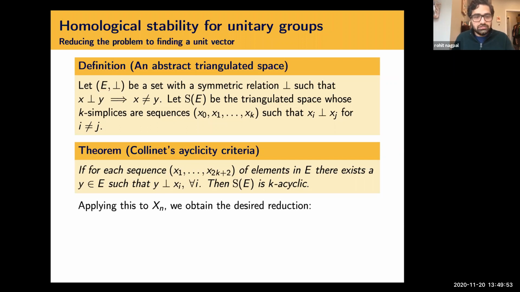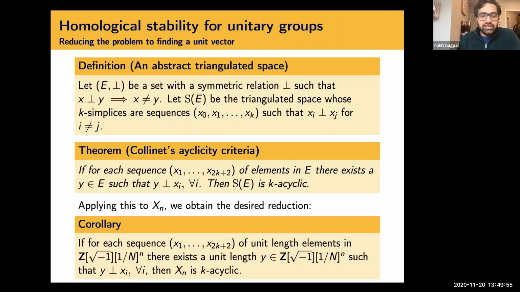So applying this to our X_n, what we need is exactly this to prove high acyclicity. Given any 2k plus 2 unit length elements in R^n, where R is this ring, if we can construct a unit length element which is perpendicular to each one of them, then X_n is highly acyclic, right?